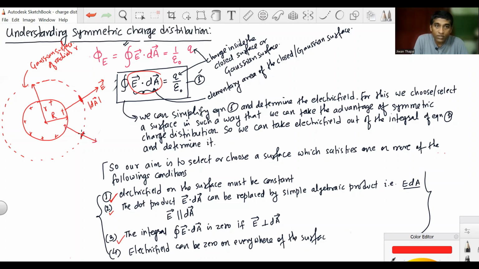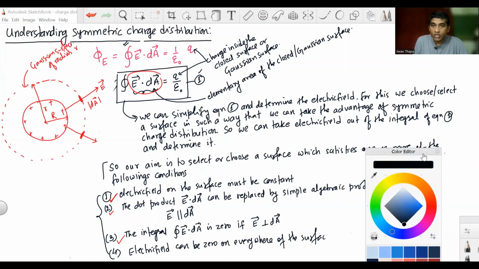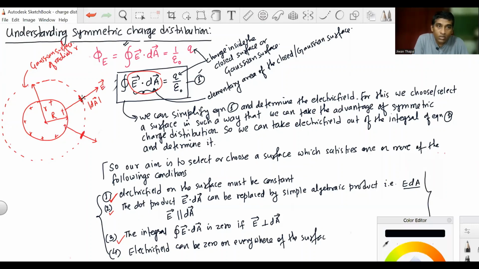So we can take another small elementary area. Now, let us draw a unit normal on this elementary area. Now, this unit normal gives the direction of vector area dA.